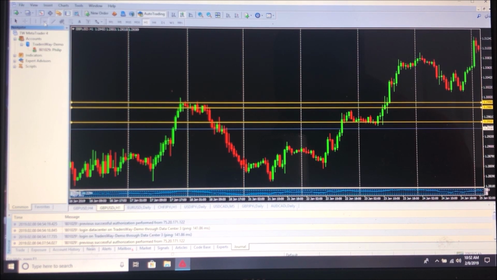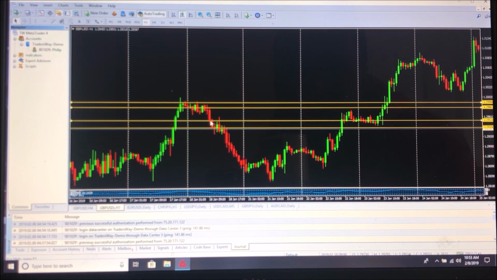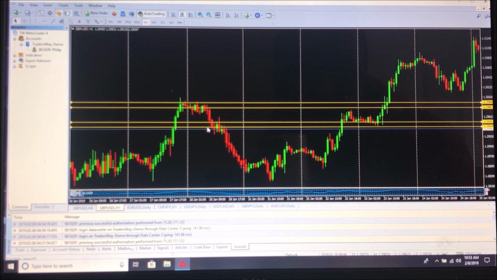And if 1.29507 was your end of the wick of the 2 a.m. candle, then the entry point for the sell stop would be 1.29407. All right. So 1.29407.